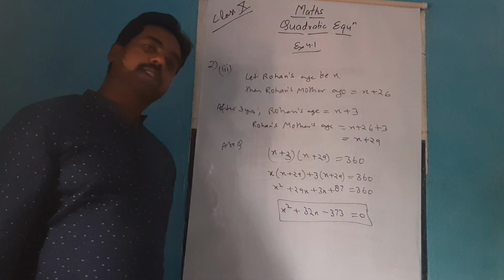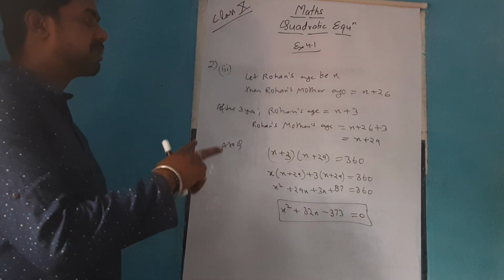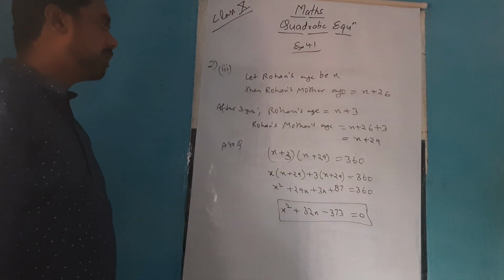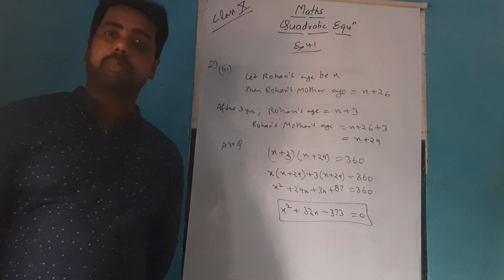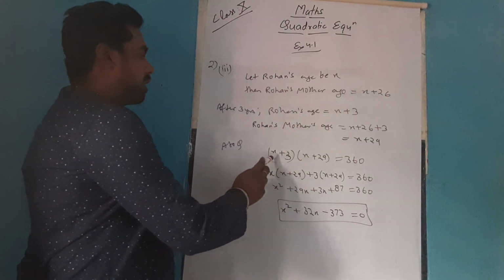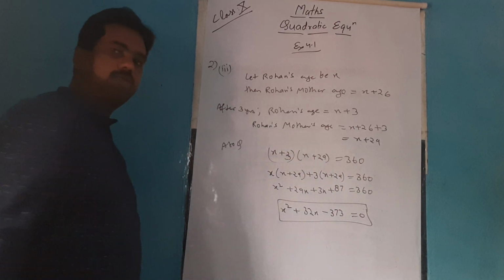And according to the question, the product of their ages is 360. So (x plus 3)(x plus 29) is 360. We'll try to open the bracket. Again, we'll apply the same property, distributive, binomial with binomial multiplication. Copying x, multiplying x plus 29, copying 3, multiplying x plus 29.